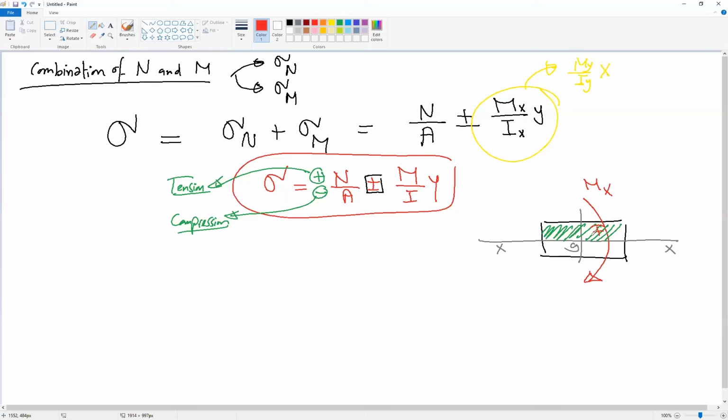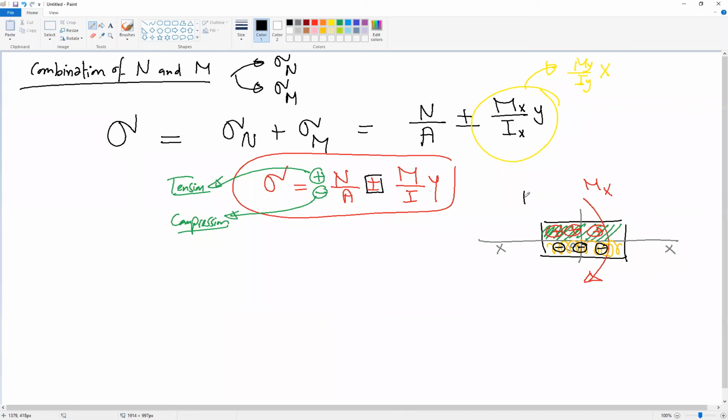The green part will be under tension, and this yellow part will be under compression. So when we apply moment on a section, part of the section will be under tension and part of the section will be under compression.